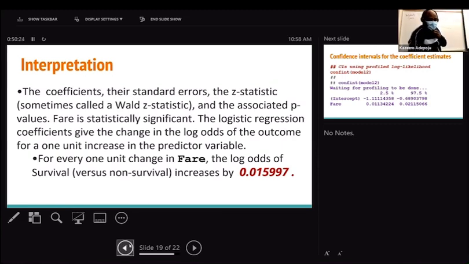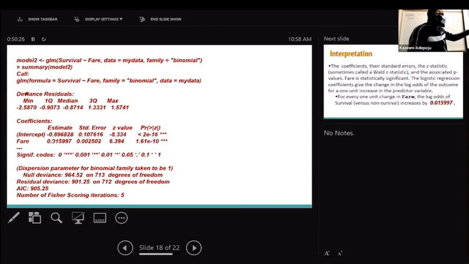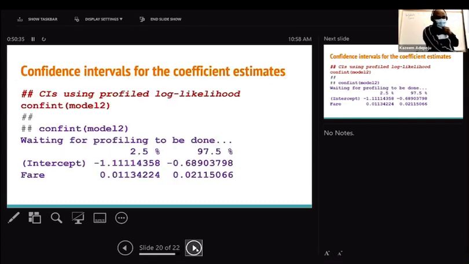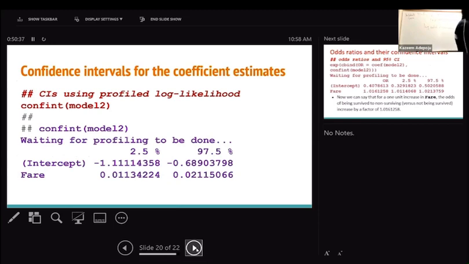I'm interpreting the estimate. Whenever I want to interpret that, I must mention the log odds. We can also get the confidence interval for the coefficient estimate for the log odds. You just run the confint model, and it's going to give you that.